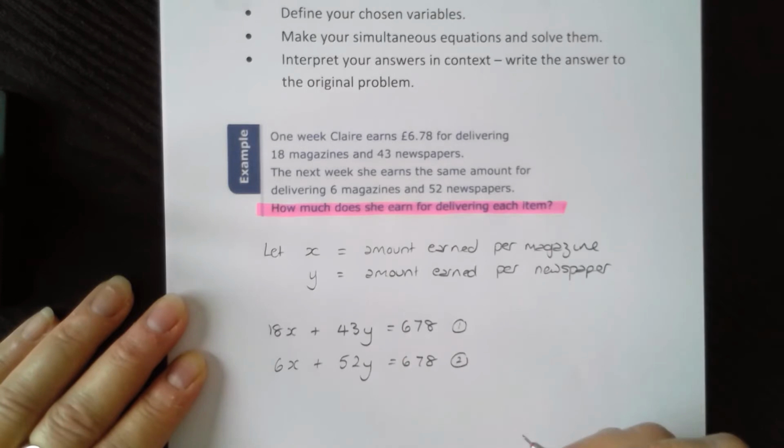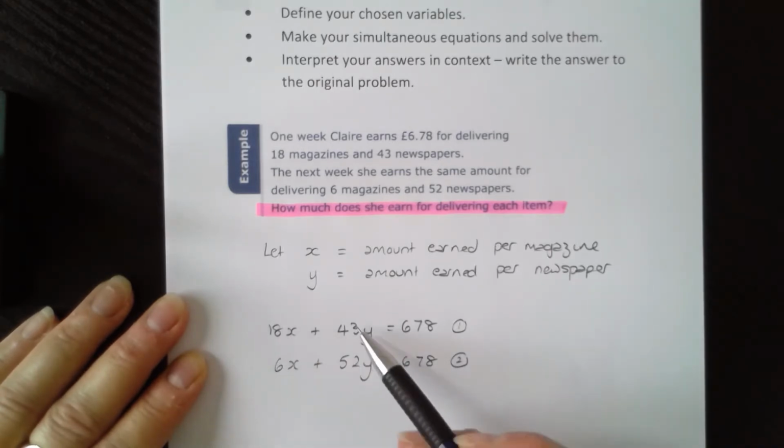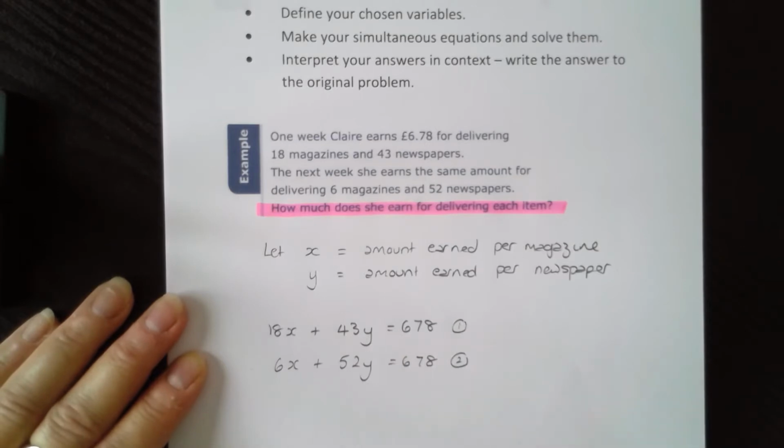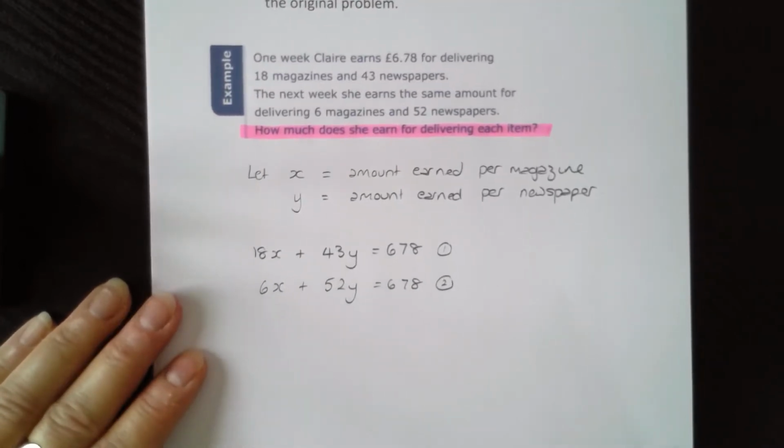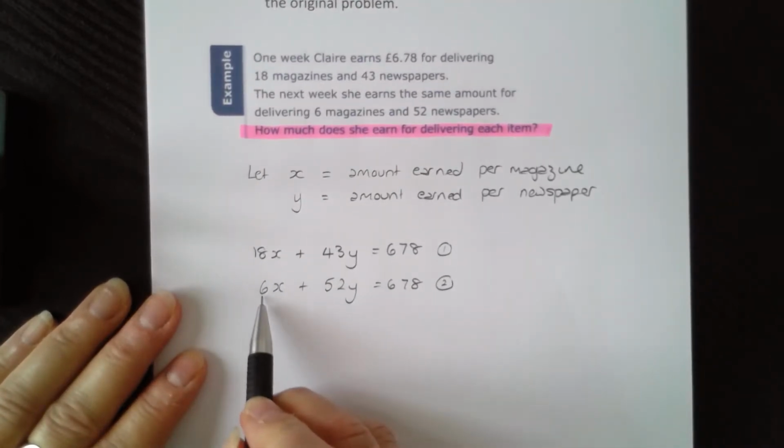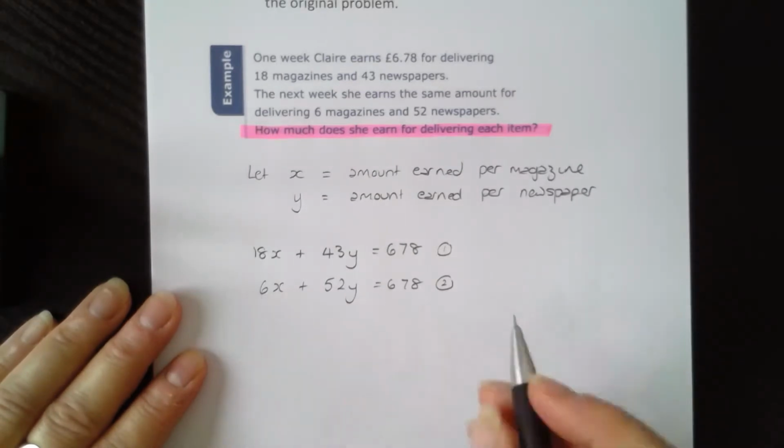And let's check our coefficients. They're different for x's, they're different for y's, so I can't just add or subtract to eliminate one of them. I've got to change by multiplying. I want to change one of them. I'm going to change this till it says 18x, which means I need to multiply the whole of this equation by 3.